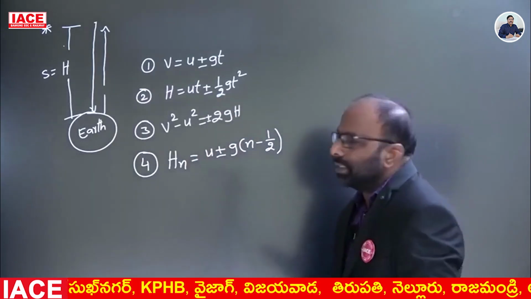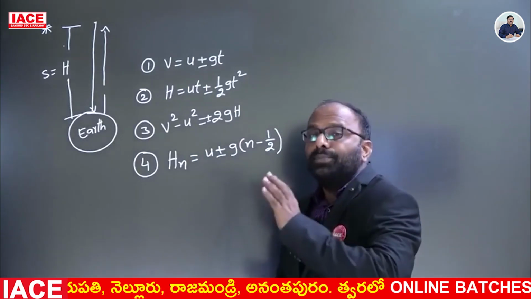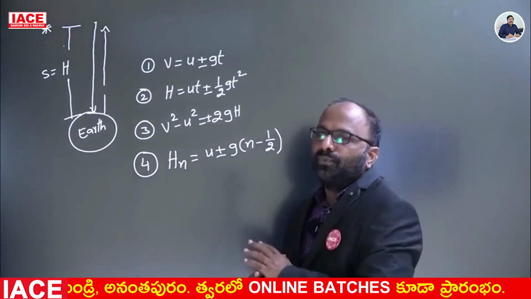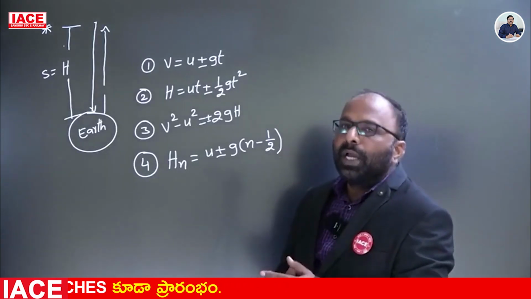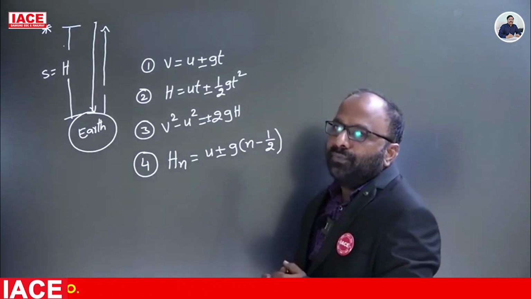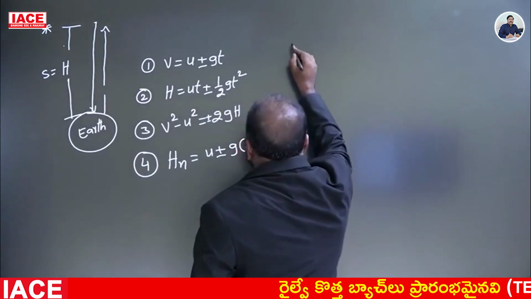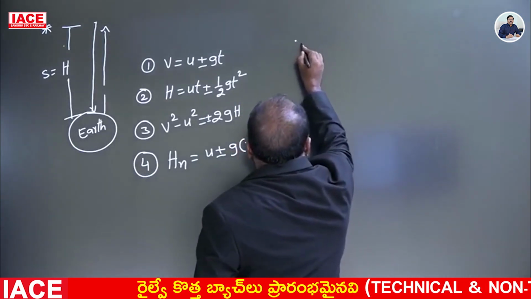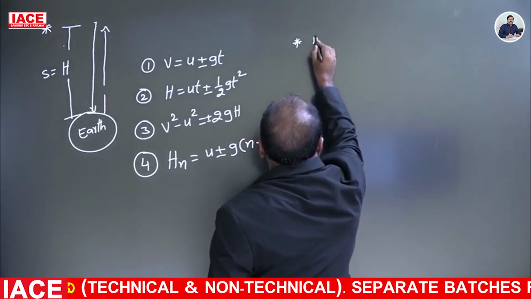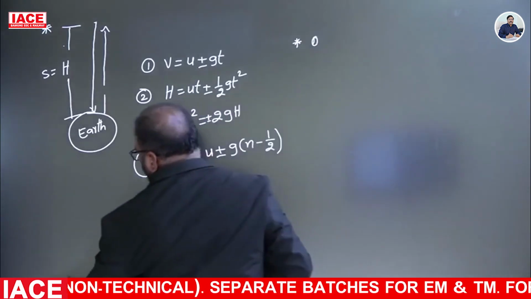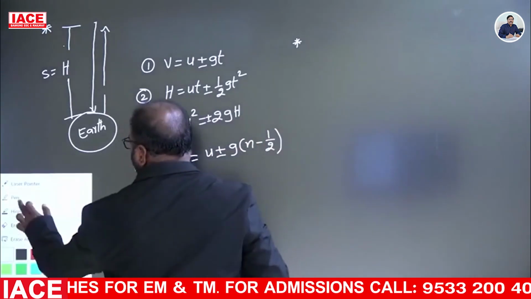Here they are moving towards the gravitational force. The object may be moving away from the gravitational force, opposite to the gravitational field, or in the same direction as the gravitational field. So for this, now we will write the equations. An object is moving in the downward direction.